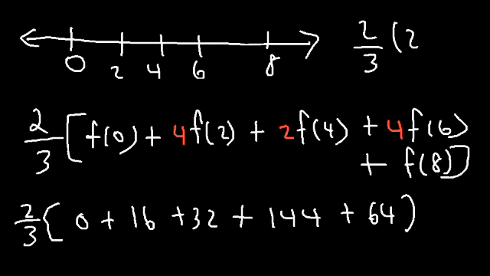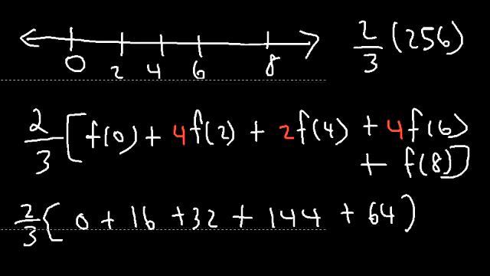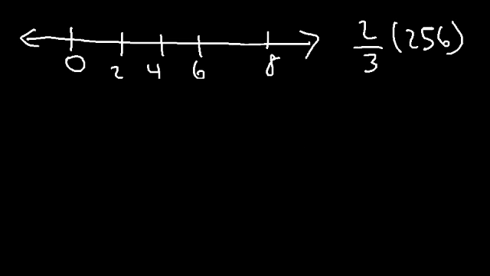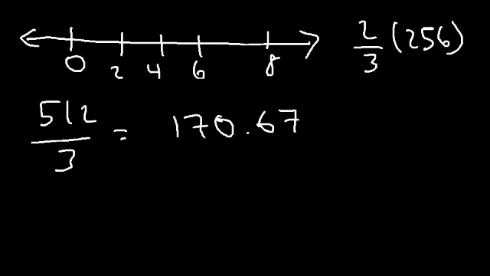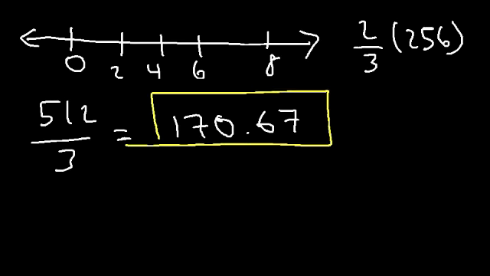So this is 256 times 2/3. 256 times 2 is 512. So the answer is 512 divided by 3, which is about 170.67. So by coincidence, we got the exact answer. But the Simpson's rule and the trapezoidal rule and the midpoint rule are very good approximations of the actual area under the curve.